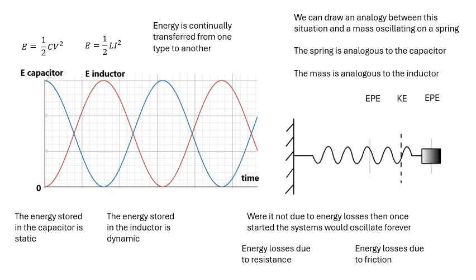Now, my mass on a spring would keep oscillating forever if there was no friction. Yes, but there is friction. There's always friction, and so this system is going to lose energy every cycle due to friction, and we call that damping. Okay, now again in my LC circuit, we're going to lose energy due to any resistance, and there is always resistance.